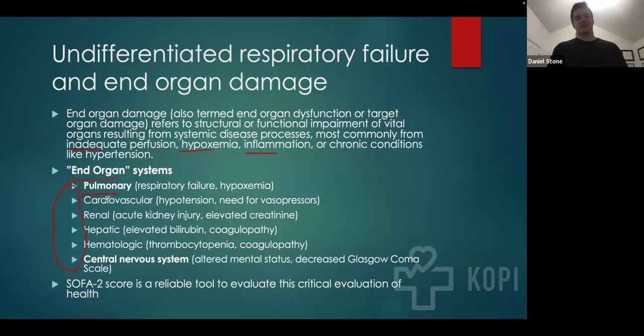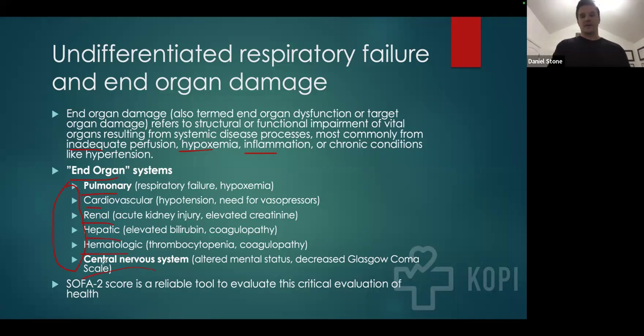And the end organs are very important systems that are at play. We're talking about the lungs, the heart, the kidneys, the liver. We're talking about the inflammatory cascade and the enzymes that mediate clotting, so hematological abnormalities. And then we're also talking about the central nervous system.